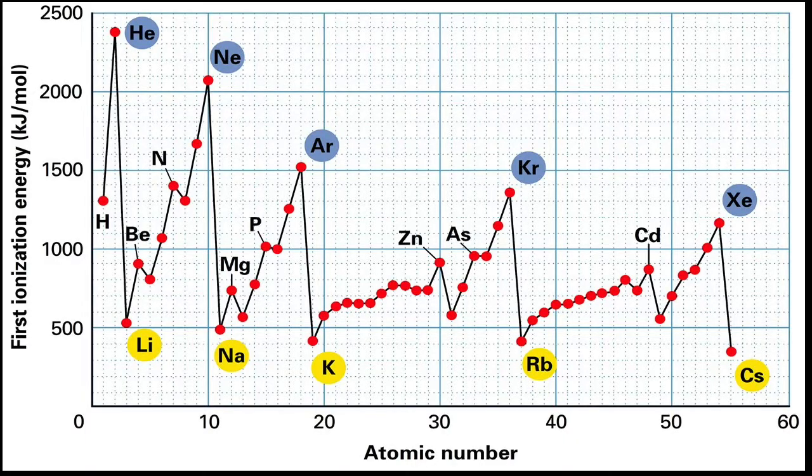Here is an example of a graph from hydrogen to cesium. You can see the flattened nature of the transition elements. You're going to have to explain the two little blips that you see, beryllium and nitrogen, and magnesium and phosphorus, etc. Look at zinc. Why do you have that little peak with zinc? Same thing with cadmium.